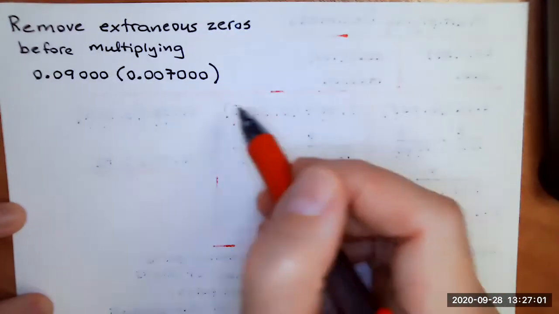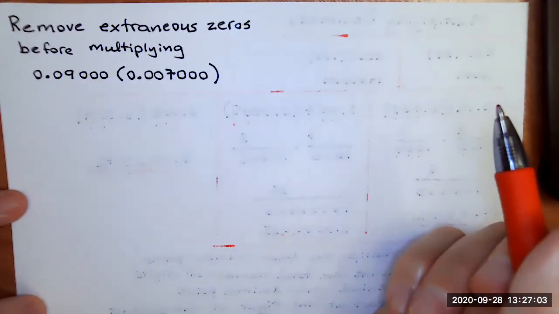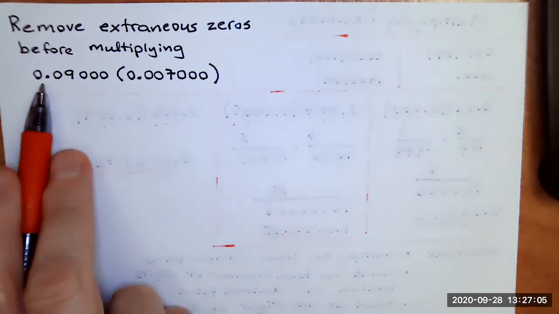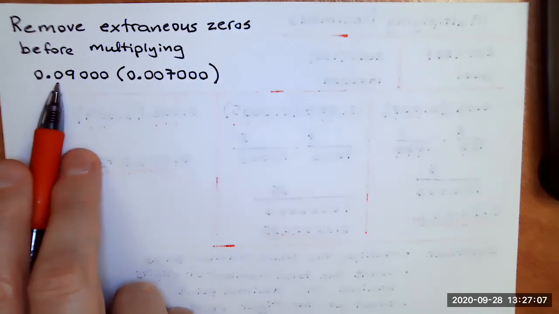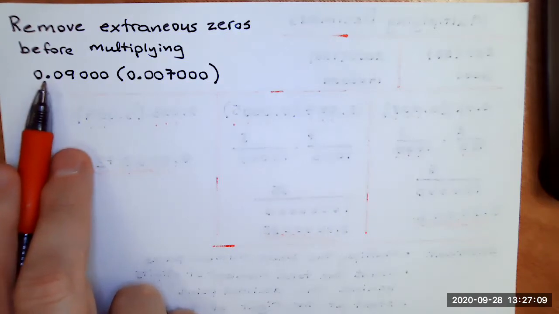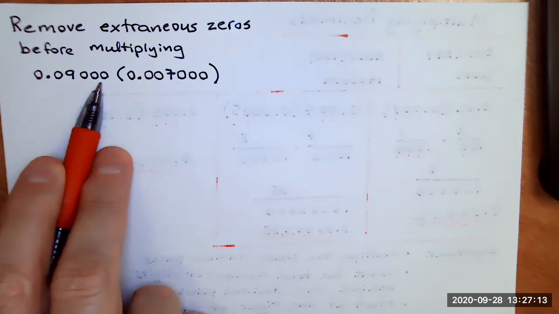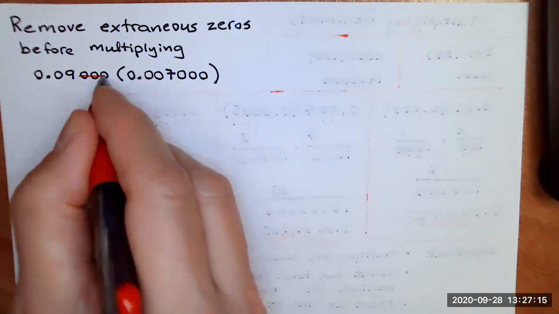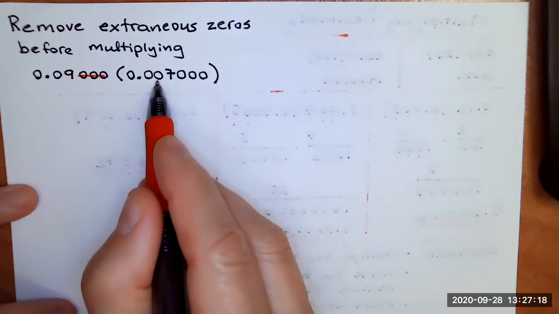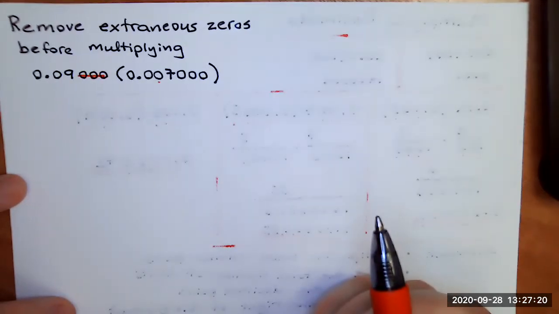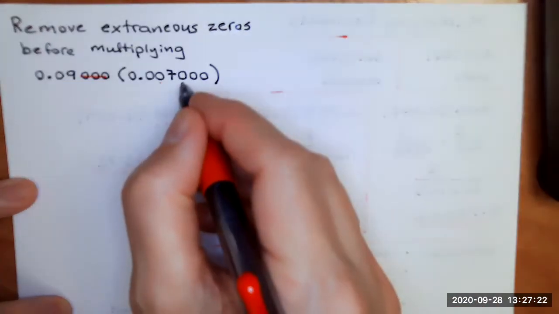So in this example, which zeros are extraneous? Can I take this one away? You're right, you cannot take this one. Can I take these three away? Yes. Can I take these two zeros away? No. What about these three?